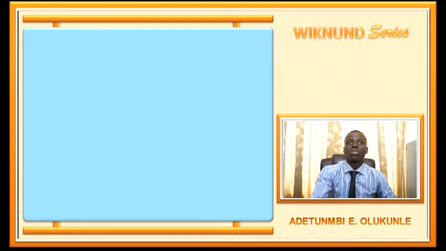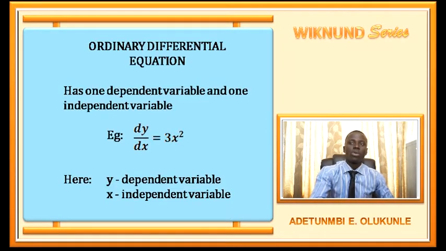Ordinary differential equations contain just one dependent variable and one independent variable. For example, dy/dx equals 3x squared. The dependent variable here is y, the independent variable here is x.